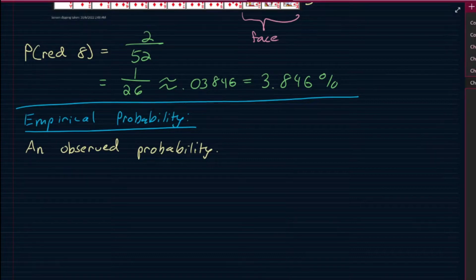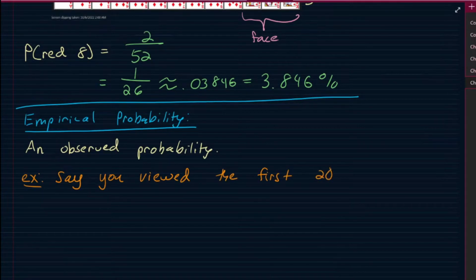Okay, and so, say you did some sort of experiment. Say you viewed the first 20 people's choice of donut.